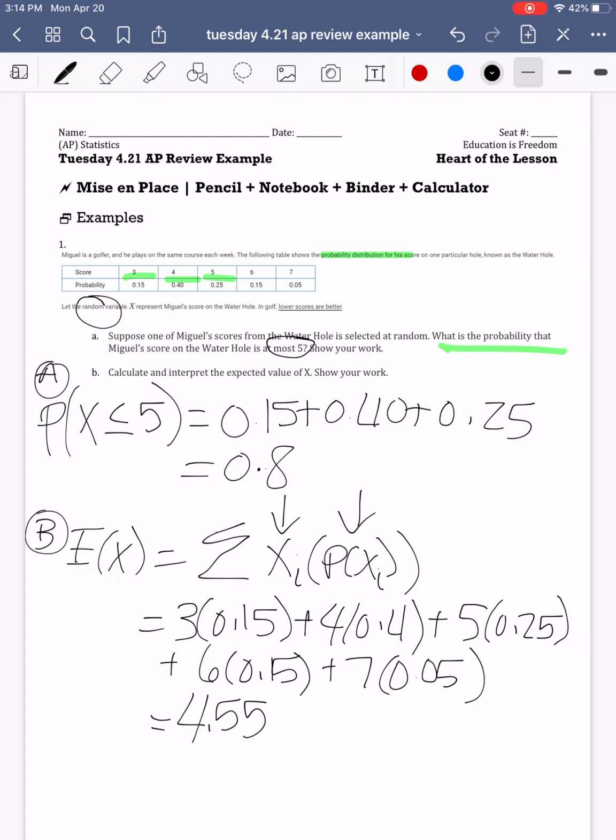So here, if we're calculating the expected value of x, which x is defined as Miguel's score on the water hole, then that is going to be the score that we would expect.